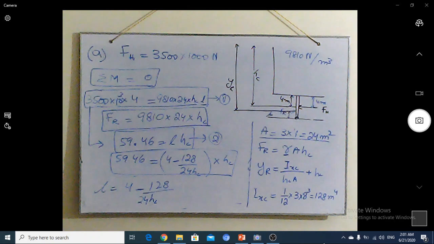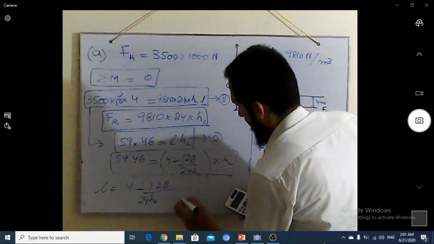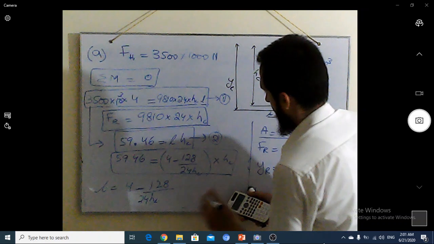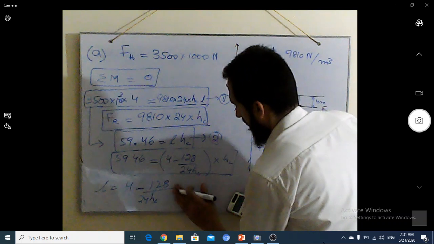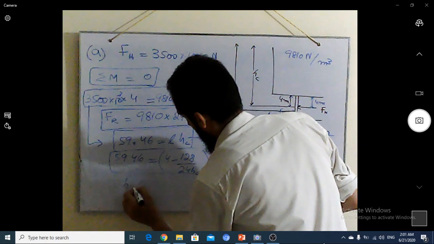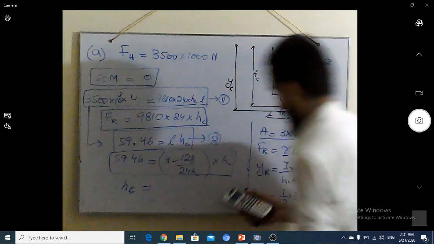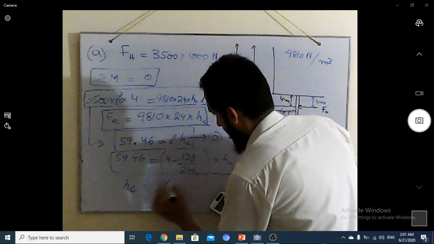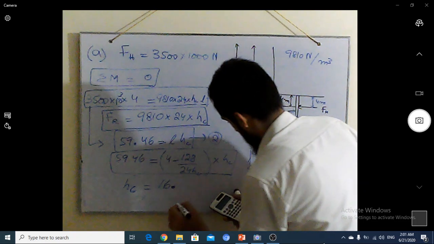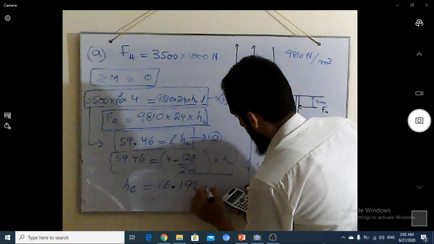If you resolve this equation, you come up with a solution of 6 point, here HC. I rub this out, okay, HC will be equal to 16.198 meters.